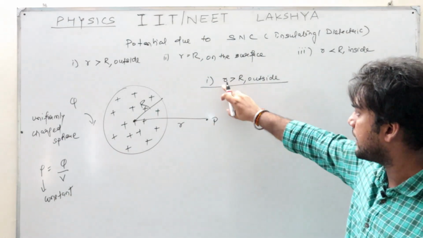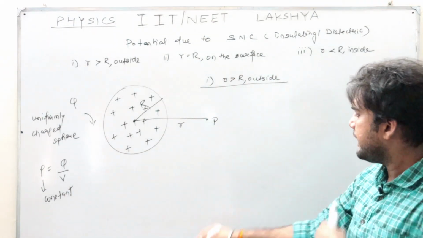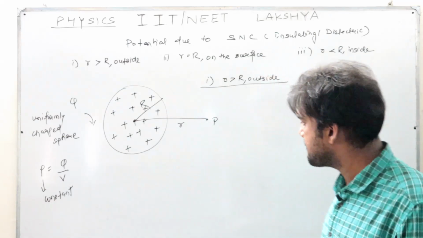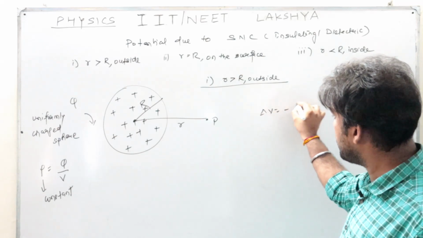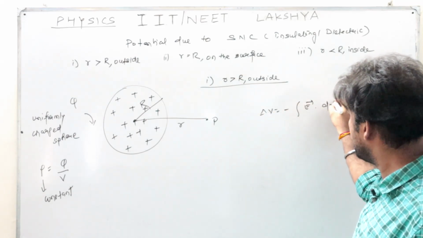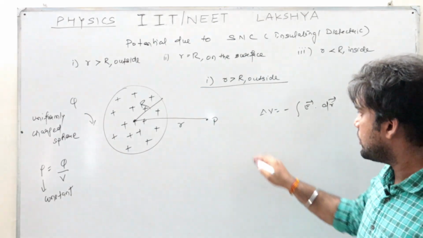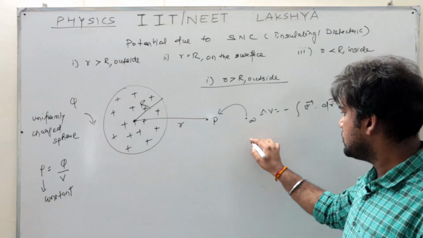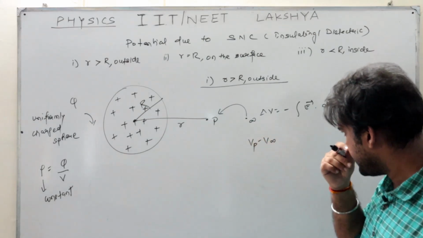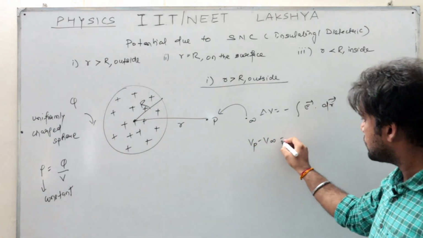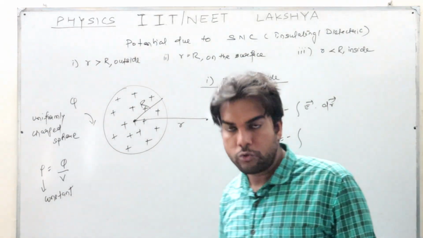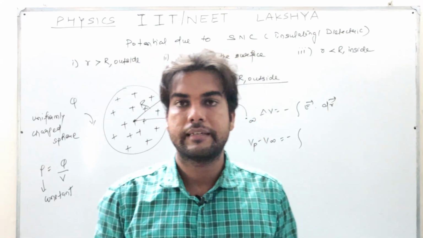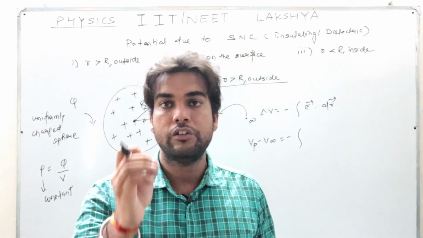That's why I am saying r greater than R. So again here also we are going to use the relationship between potential difference and electric field, which is delta V is equals to minus integral E dot dr. So let us say that we are bringing a small charge q from infinity to P. So I write Vp minus V infinity is equals to minus. Remember the electric field due to a solid non-conducting sphere outside, the formula was what? Kq by small r square.